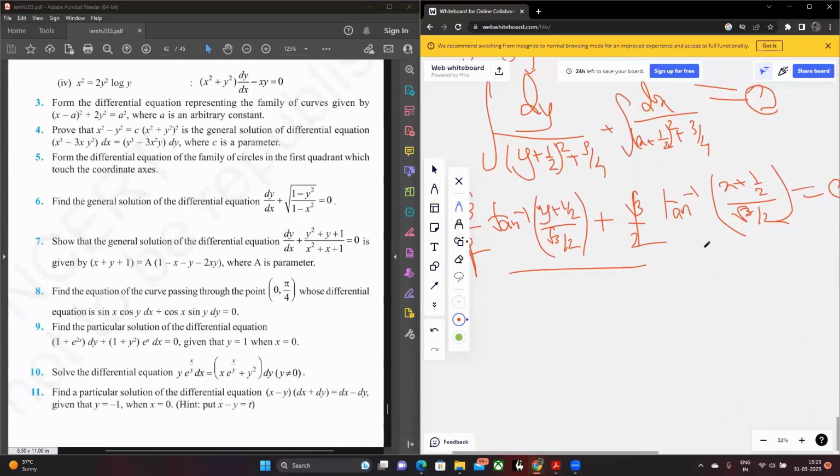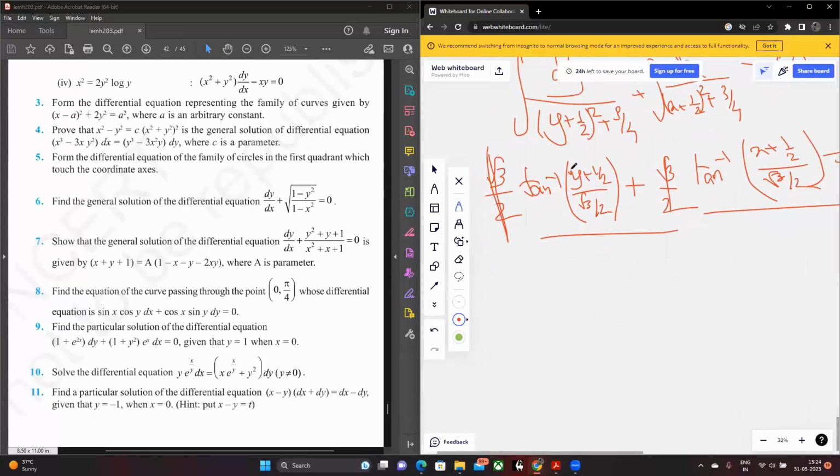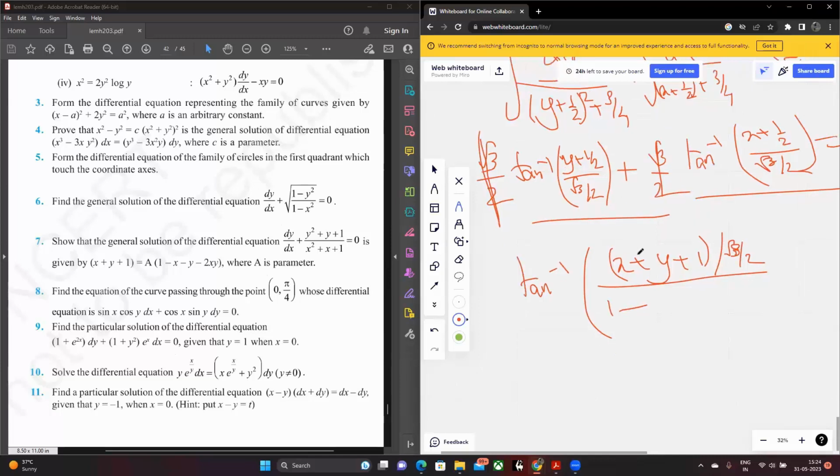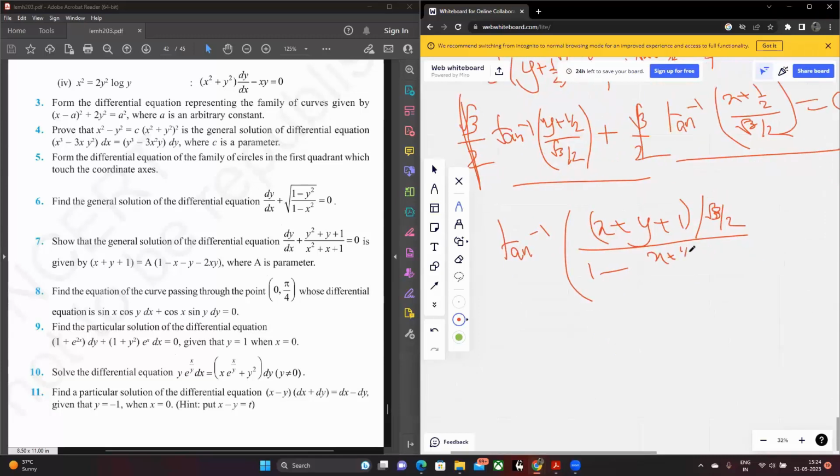Right. So you're basically left with tan inverse A plus tan inverse B. I hope you remember the formula. That's tan inverse of (A plus B) divided by 1 minus AB, right? That is (x plus y plus 1) divided by root 3 by 2, this whole thing divided by 1 minus (x plus half) into (y plus half) divided by 3 by 4, right?